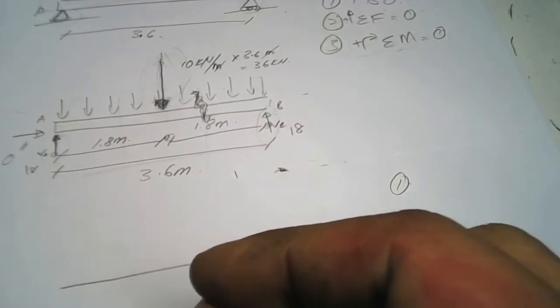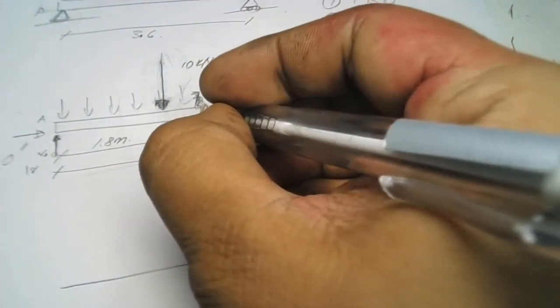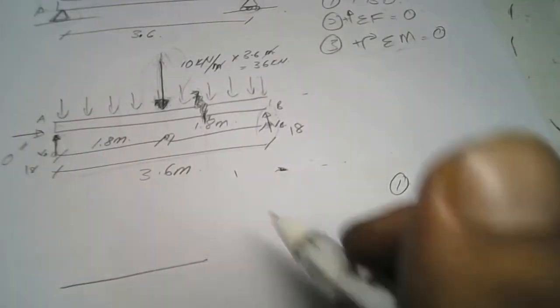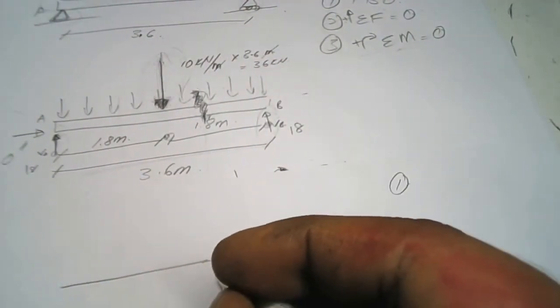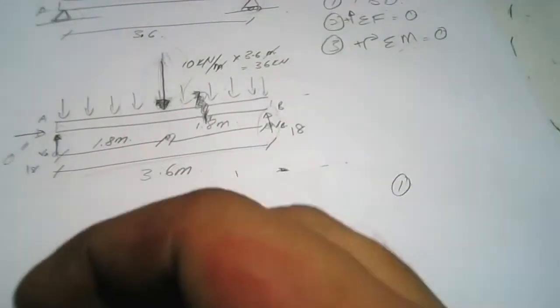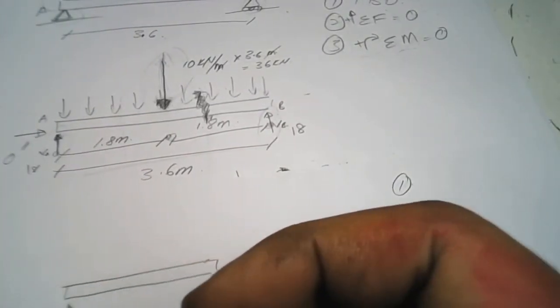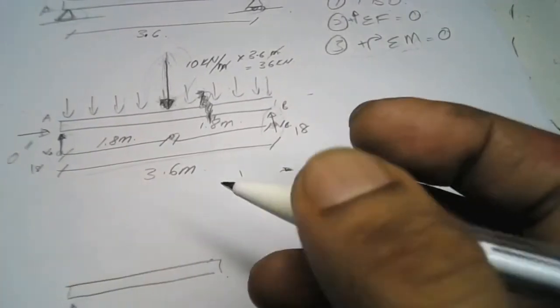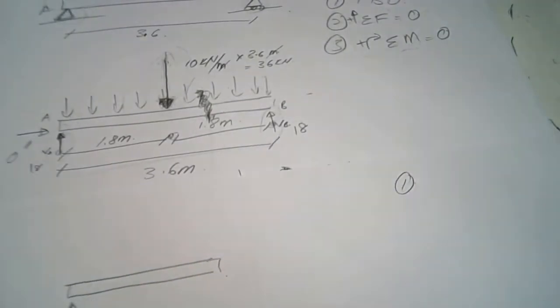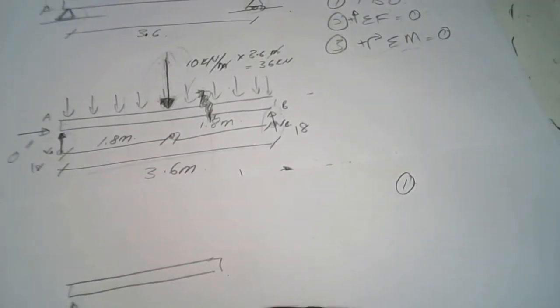This is our beam. Let's say I do the imaginary cut at this point. This one is our beam, and this is my force here, VA equal to 18, and this distance is X.